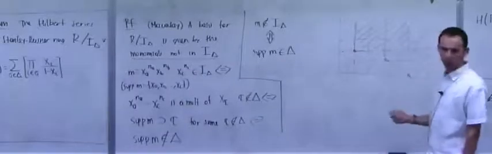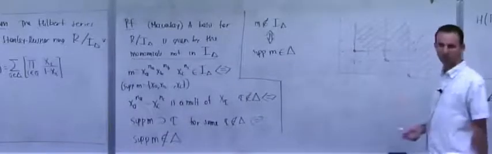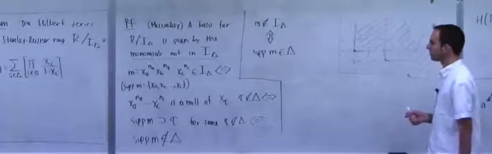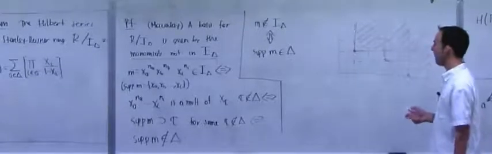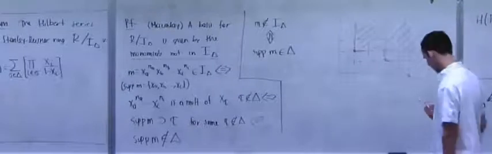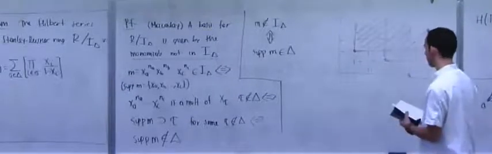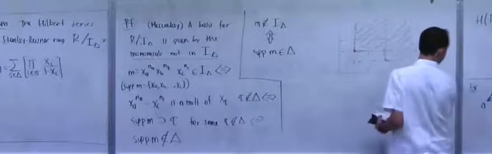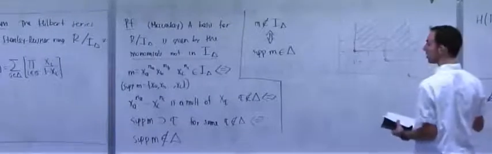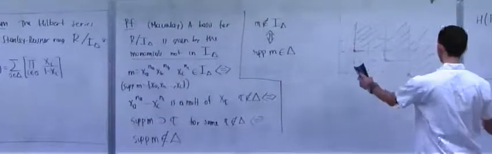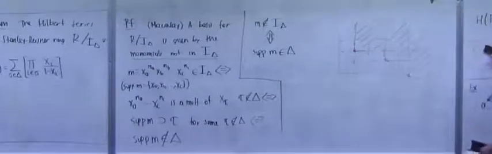So I just need to count monomials whose support is in delta. Now, how can I do that? Well, that's actually fairly simple to do. So maybe I'll leave this picture so you can keep staring at it, and we'll see.